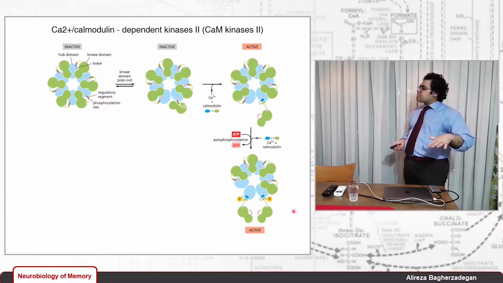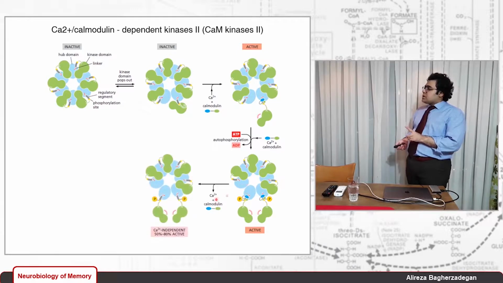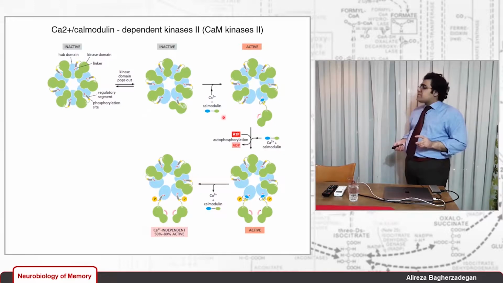Okay. So it stays there, and even after the detachment of this calcium calmodulin complex, this kinase enzyme can still be active thanks to this autophosphorylation. Why? Because the second way this autophosphorylation prolongs the active state is by making CaM-kinase II a calcium-independent enzyme.